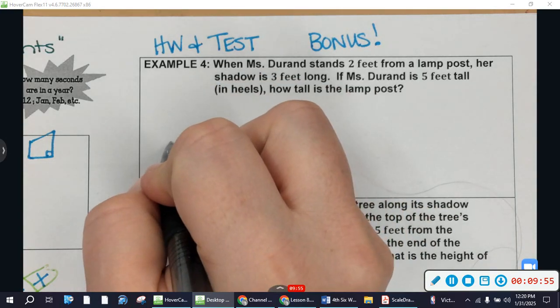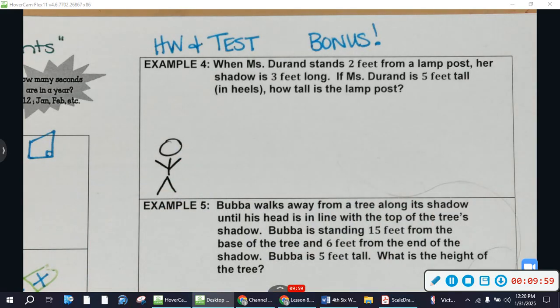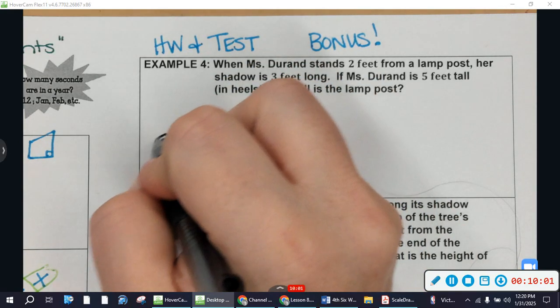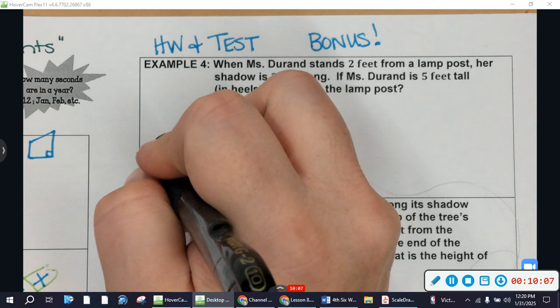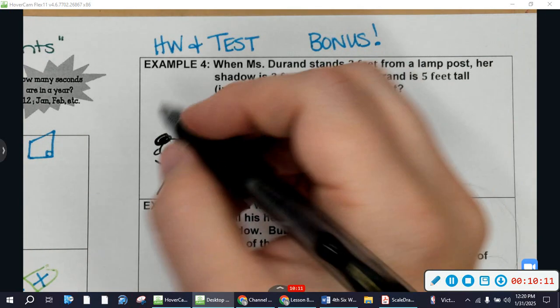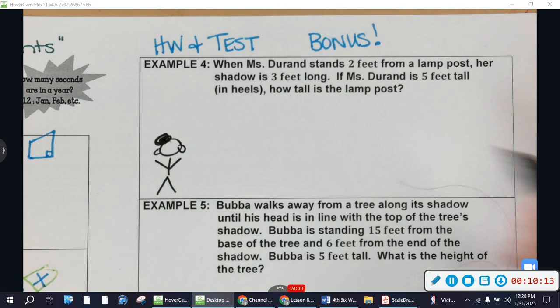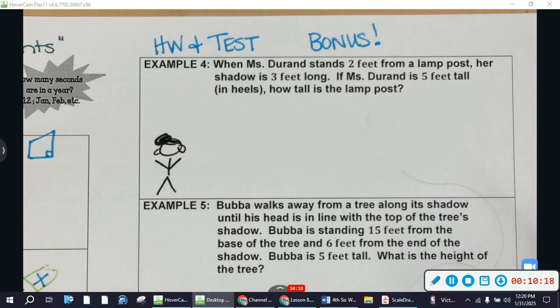Here's me. I've always got a bun in my hair. I usually have some pretty big earrings on. That just kind of makes me look like I have wonky ears. That's okay. So, got my hair.